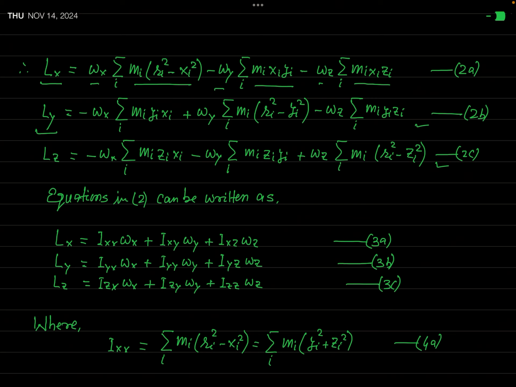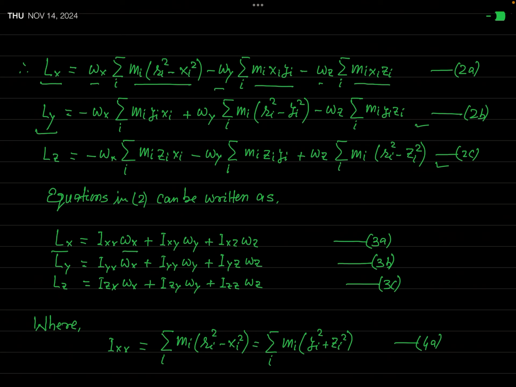Now, the three equations 2a, 2b and 2c, we can write in a more convenient form. You can see I have written these three equations in this particular manner. L_x is written as I_xx omega x.